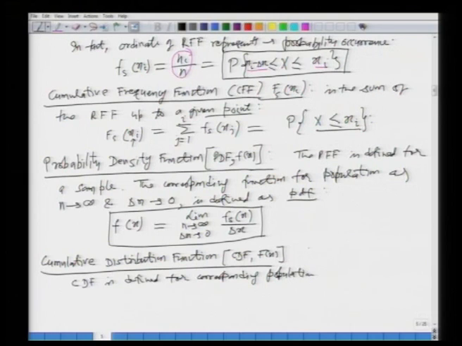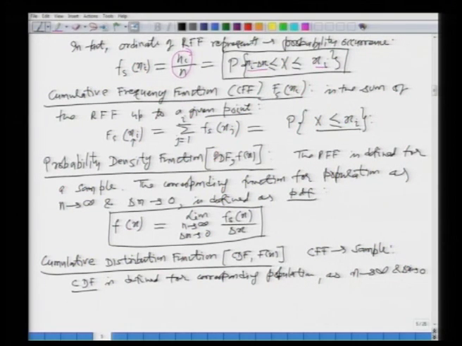Let me first say that your cumulative frequency function is defined for a sample. I should have said that earlier. And then the CDF, or the cumulative distribution function, is defined for a population, or it is the corresponding function which is defined for a population, as n tends to infinity and delta x tends to 0.